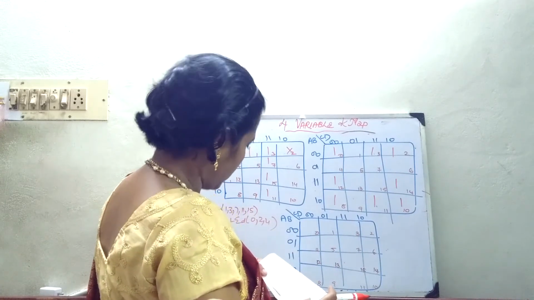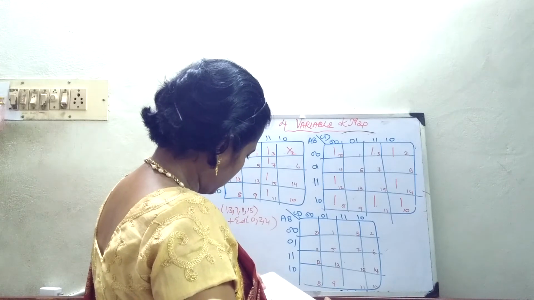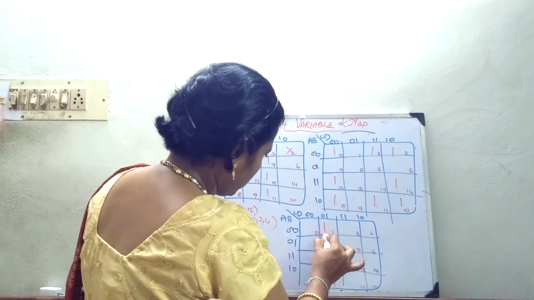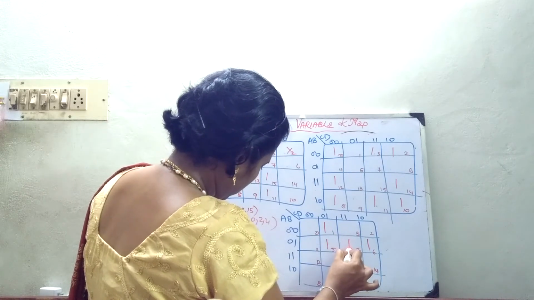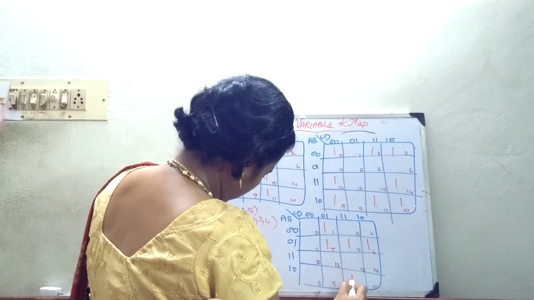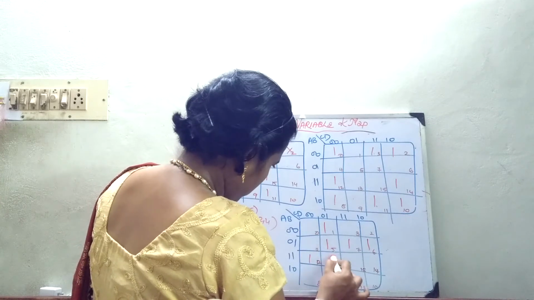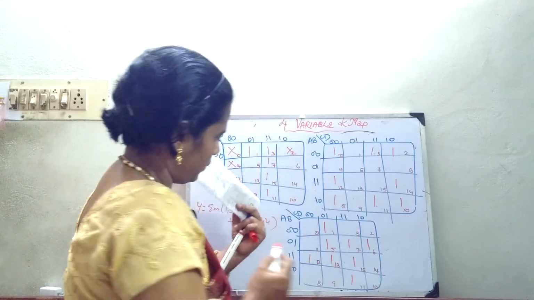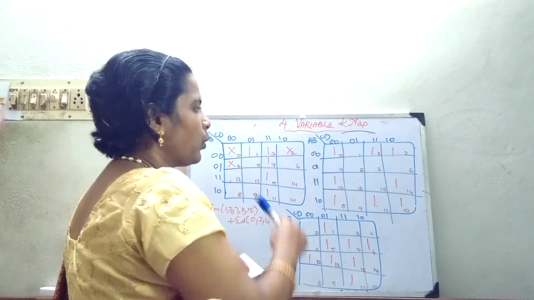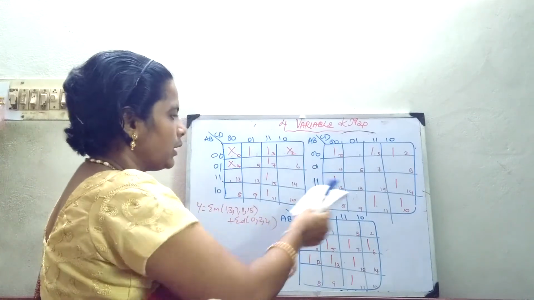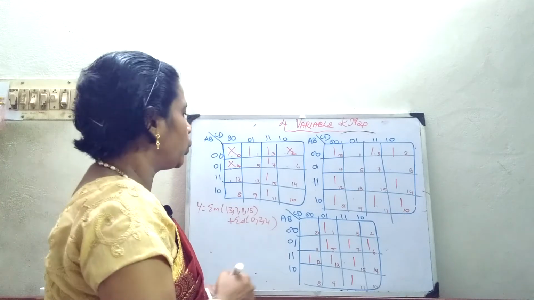Okay. So the next grouping is 1, 5, 6, 7, 11, 12, 13 and 15. Okay. So I have just written what possible combinations. I am not writing the expression here, we just should know how to do the grouping.